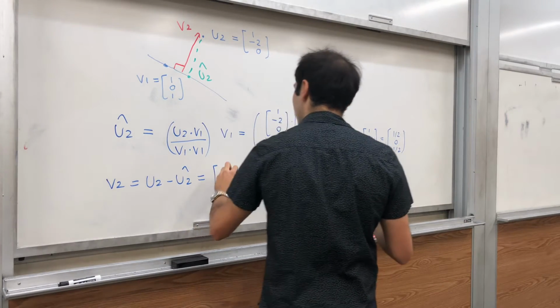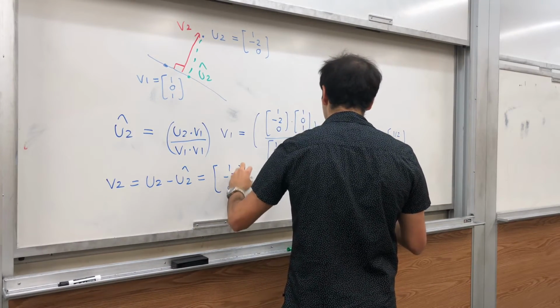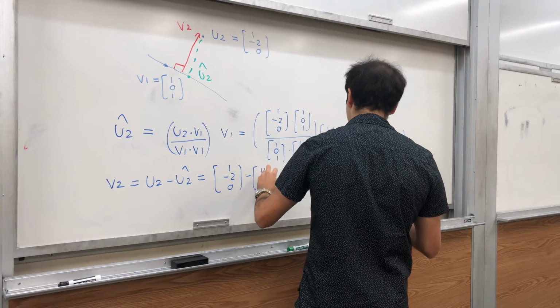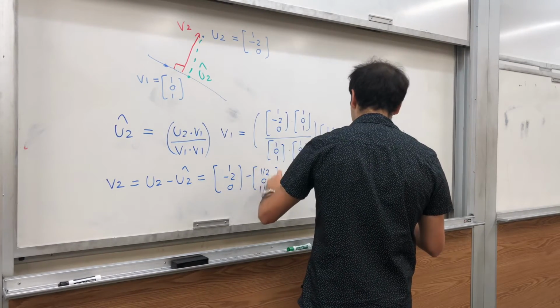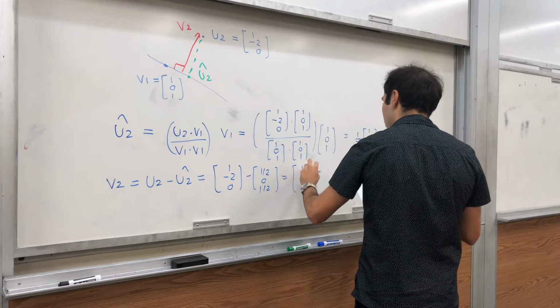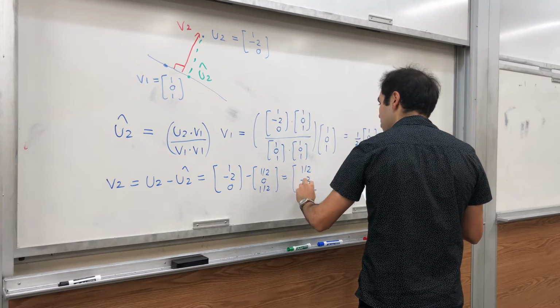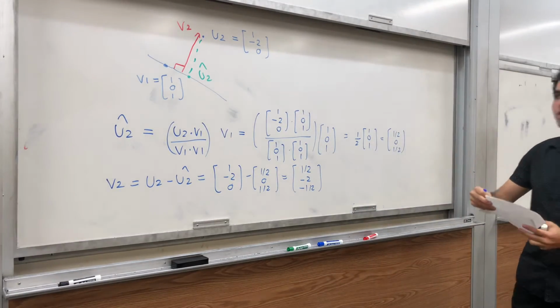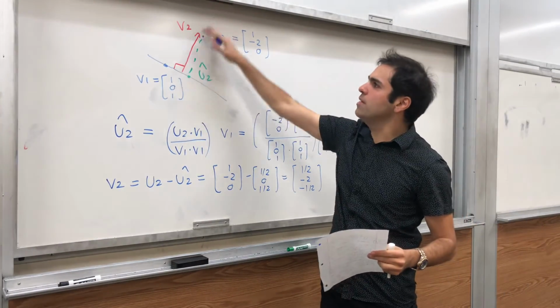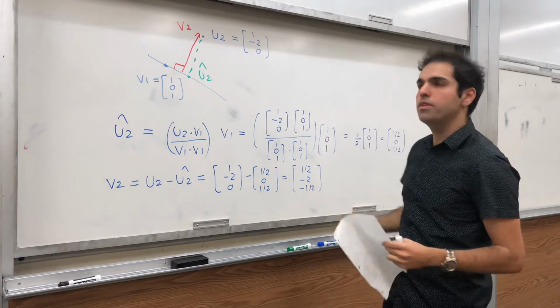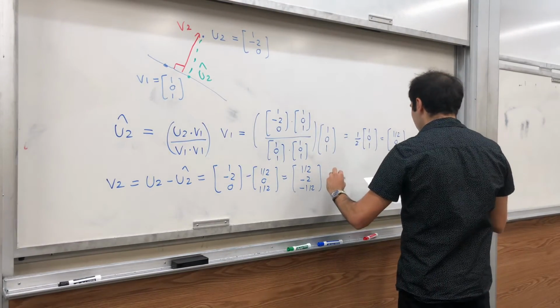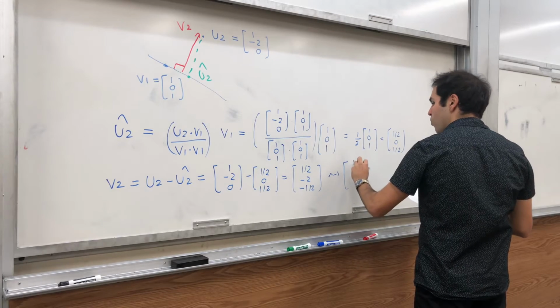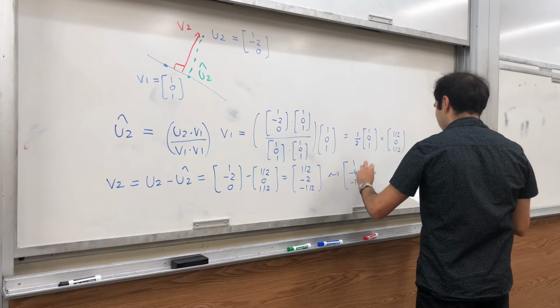And in this case, 1, minus 2, 0, minus 1 half, 0, 1 half. And that becomes 1 half, minus 2, minus 1 half. And this one, now you're allowed to rescale it, because any multiple of this vector will still be perpendicular to V1. So just rescale it to 1, minus 4, minus 1.